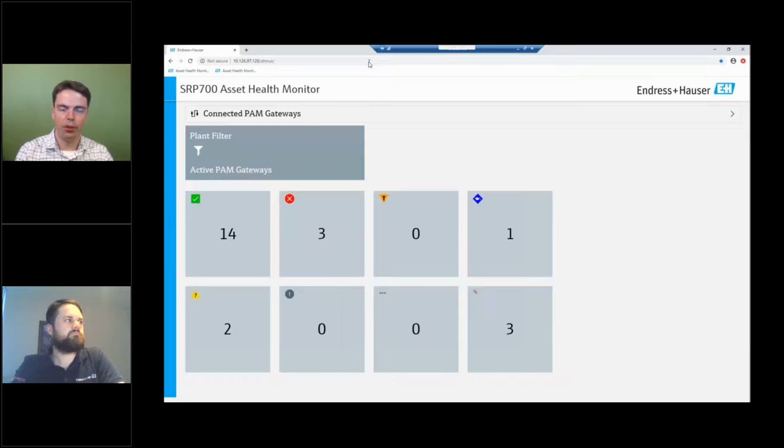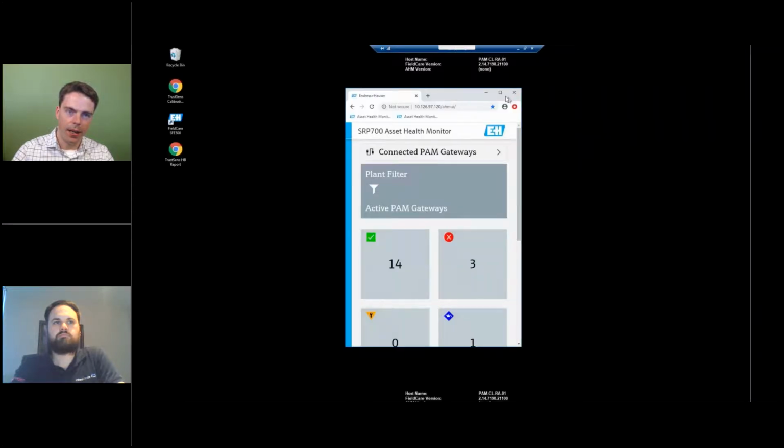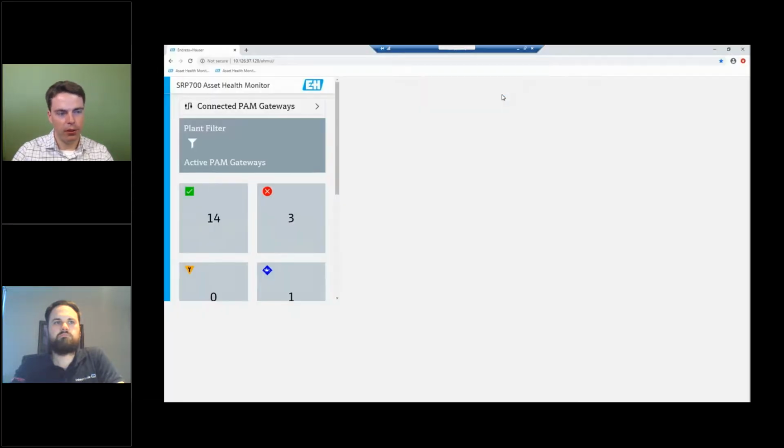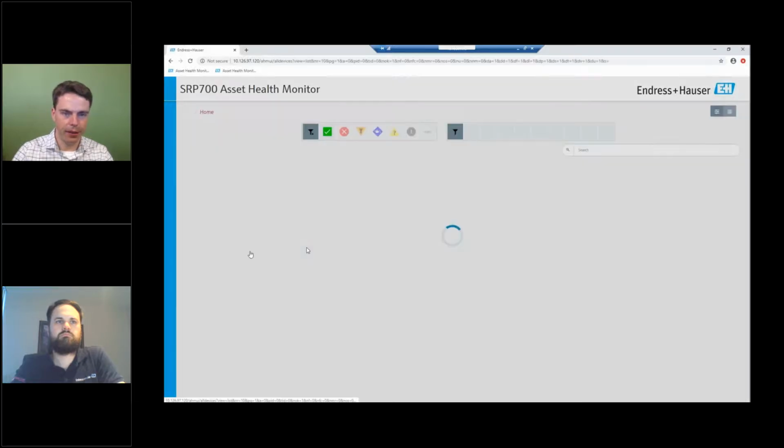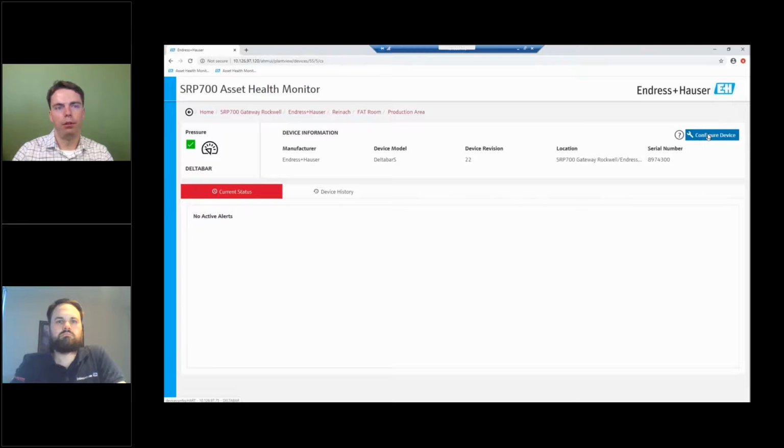And yes, it works also with mobile phones. So the screen size is automatically adjusting. The only thing that is not possible with the mobile phone, based on the technology, is if you want to configure a device. So you click on that configure button. This button won't work on a tablet, an iPad, or iPhone or Android phone because you need FieldCare installed and licensed on that machine.